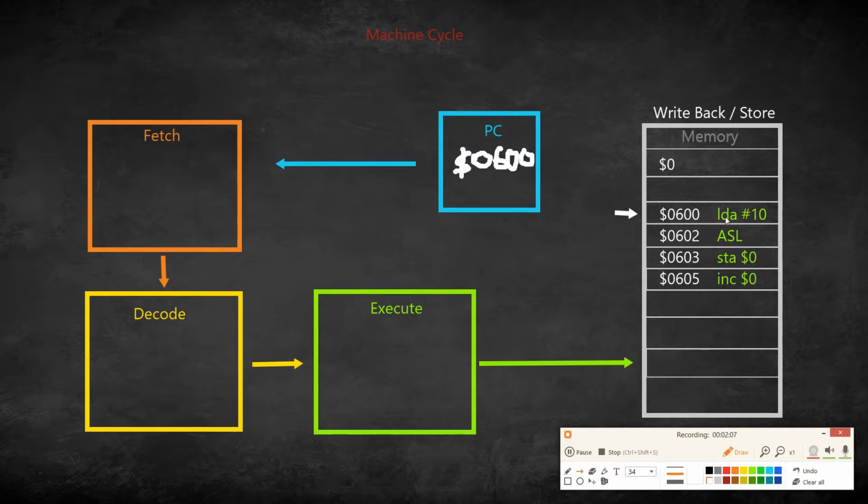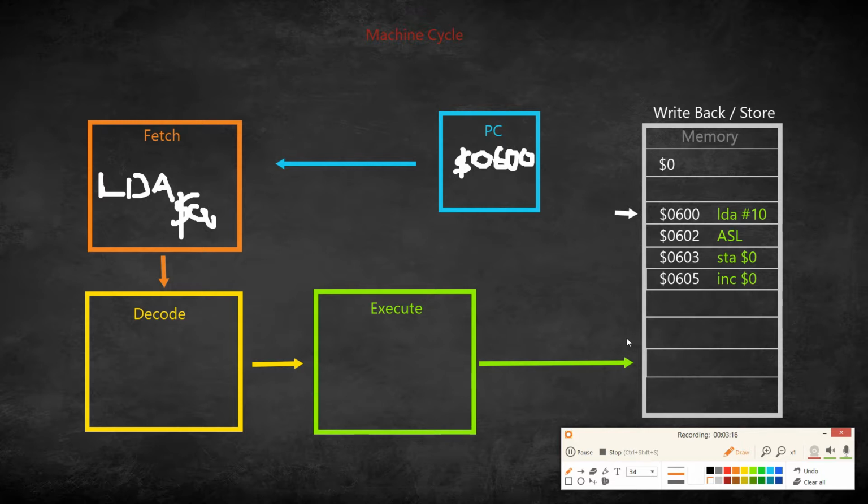So it's fetching this value, LDA, and then the value over here, 10, which is hex, let's say hex A. Then the decode is going to decode this instruction into something readable, so it should be like A9 and A. So it's decoding our code into machine language, and then it executes. So that's our cycle, that's our loop over here.